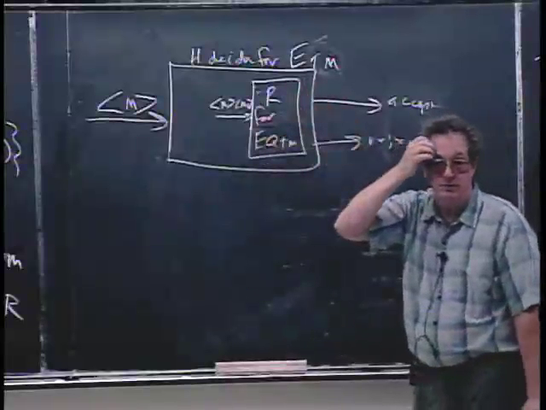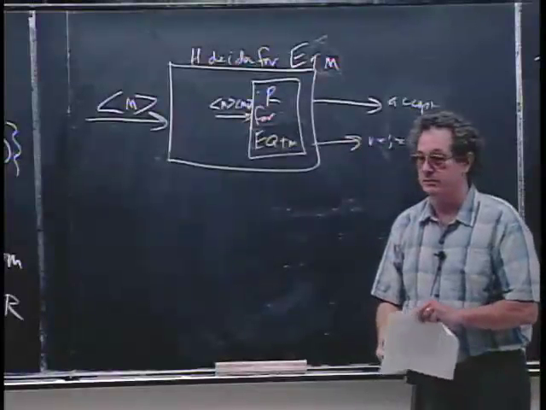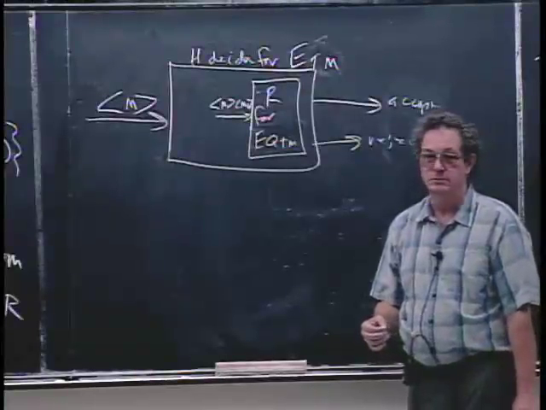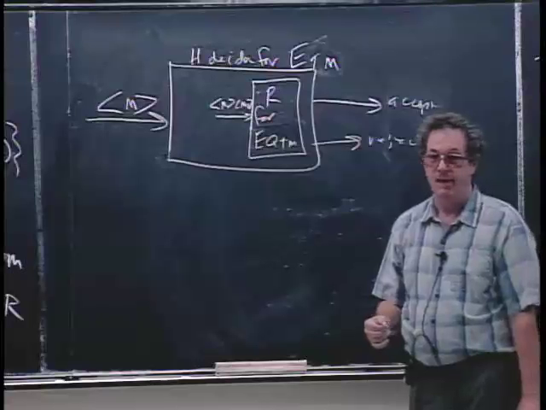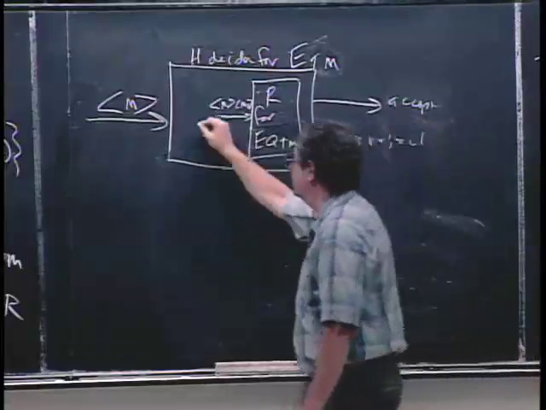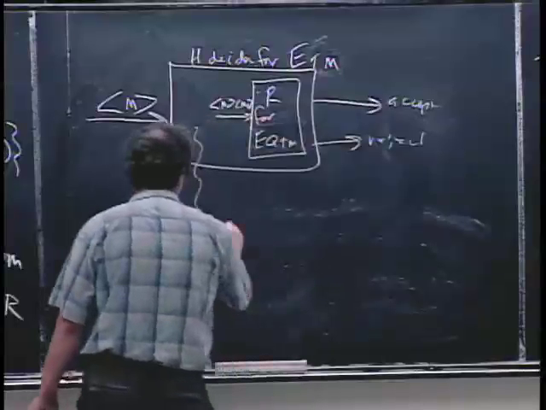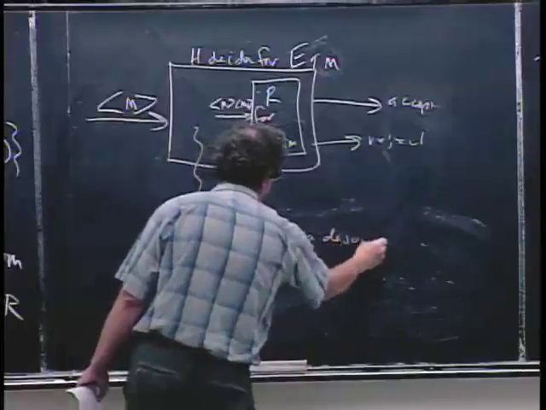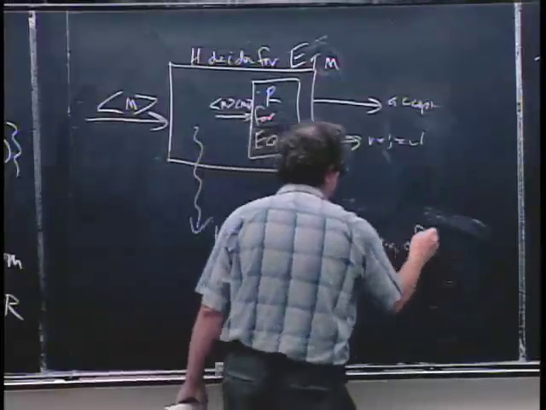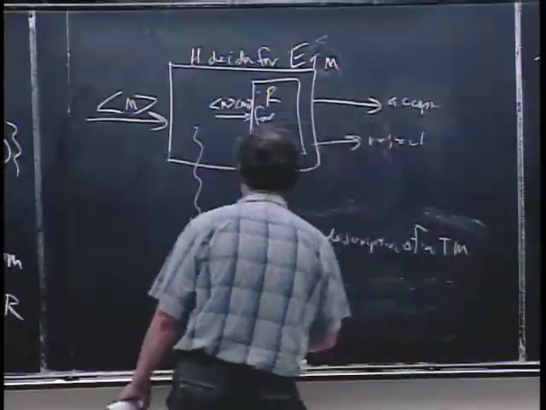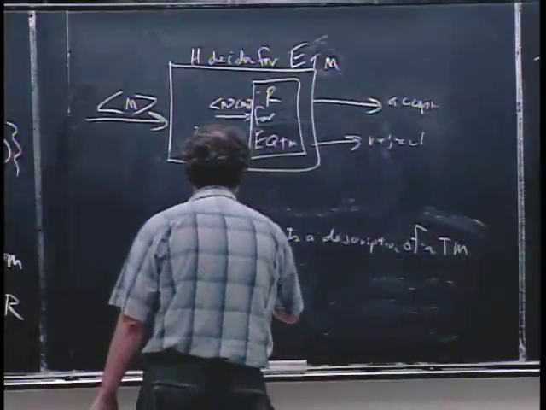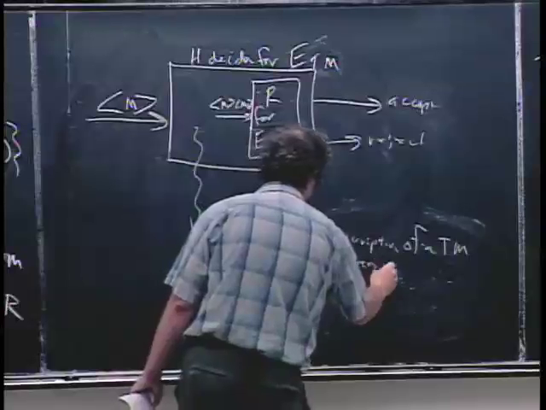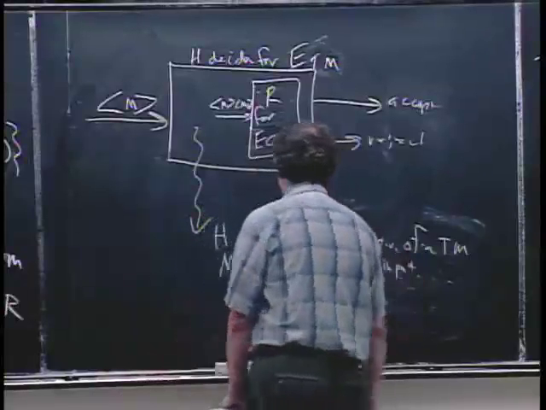Now can anybody suggest a way to do this? Okay, well, I'll tell you. H creates a description of a Turing machine M1 that rejects everything. All right?